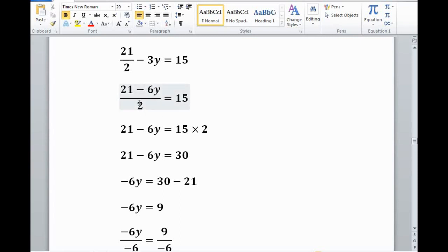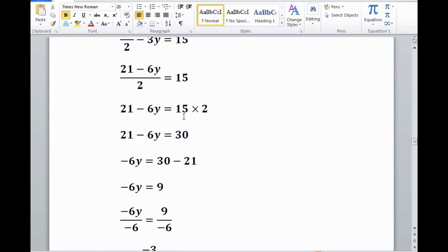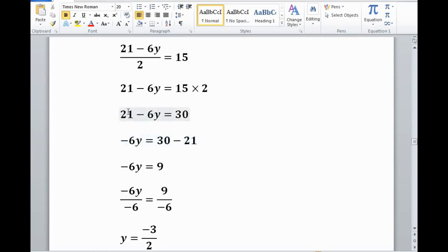If you multiply both sides of this equation by 2, then on the left side we can cancel out 2 by 2, so we have 21 minus 6y. On the right side, this 2 is multiplied by 15. Now 15 times 2 equals 30, and on the left side we have 21 minus 6y.